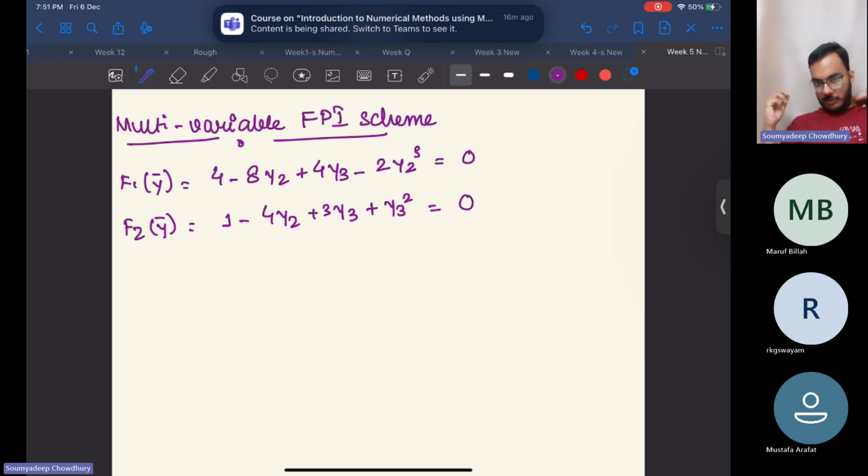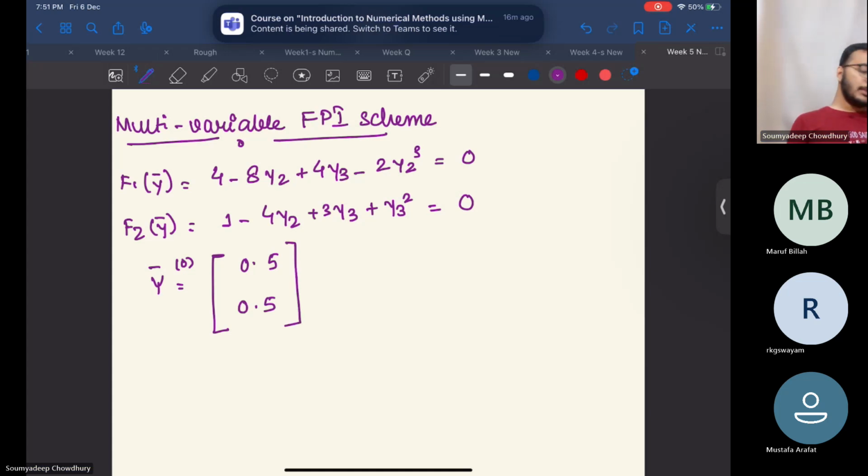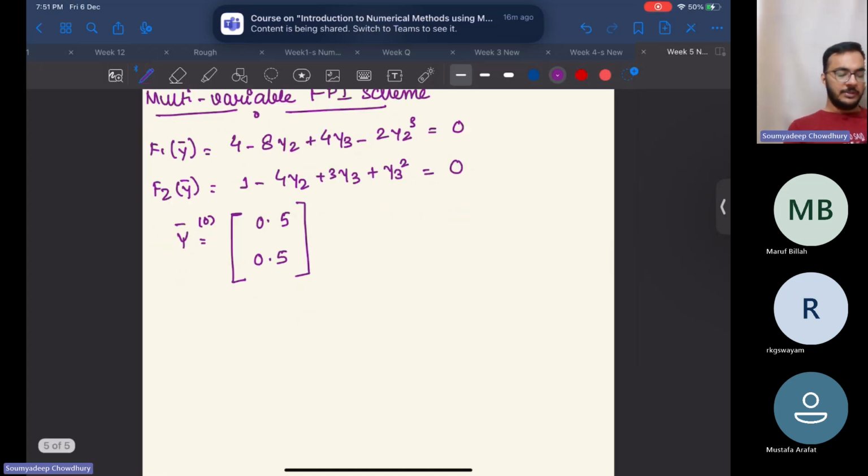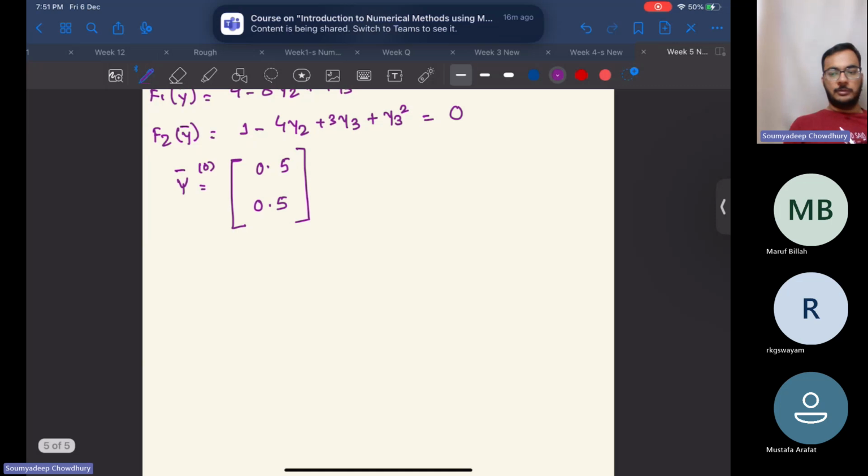So these are the two equations, and the two unknowns here are y2 and y3. The initial solution of the y vector is given to you as 0.5 and 0.5.